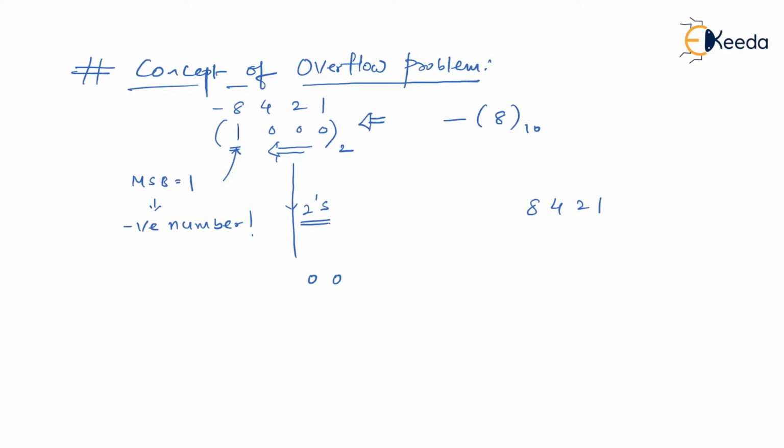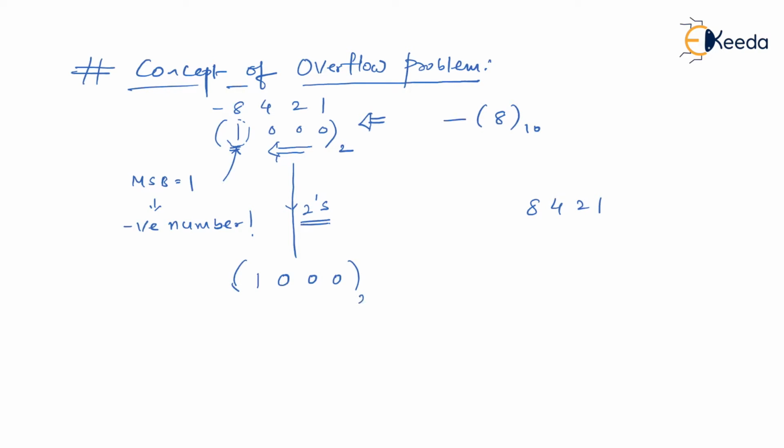So I can copy 0, then 0, then 0, and then ultimately 1 I have to copy. Rest of the bits we have to complement, but there is absolutely no scope, because the size of the number was only 4-bit, and the 1 that I have got is the 4th bit only. So I have got no scope. I can say that 2's complement of 1000 is 1000 only.